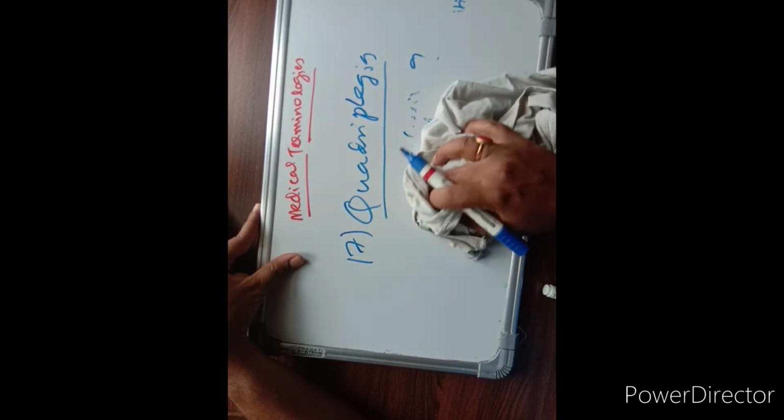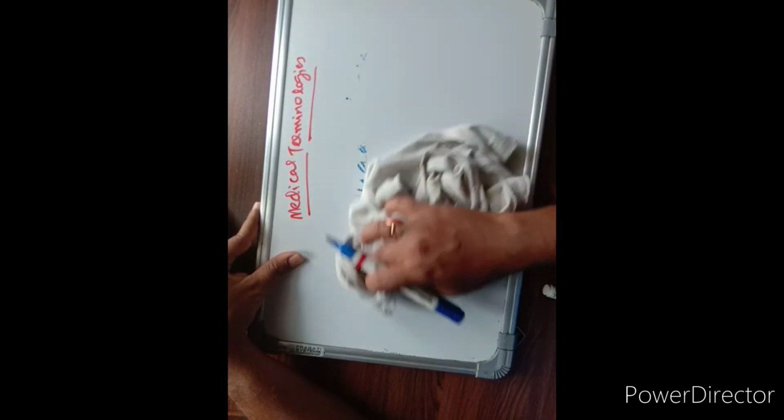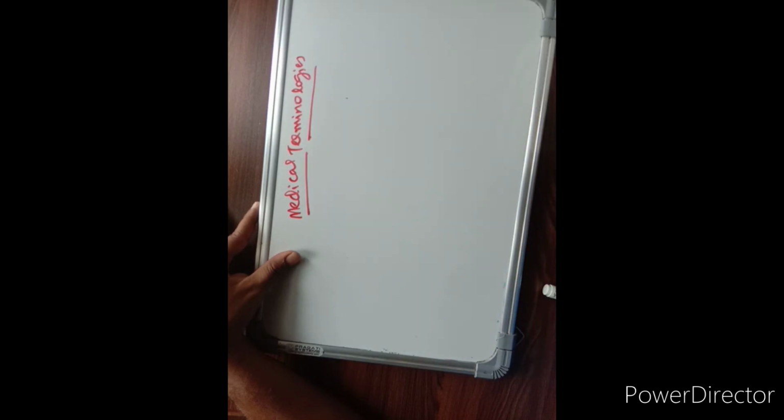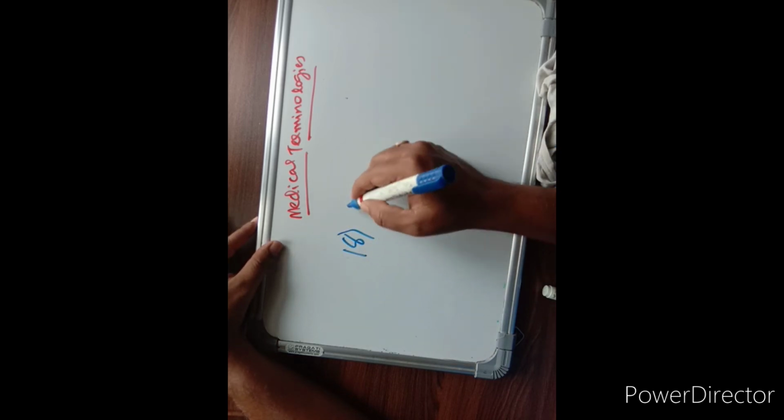This all happens in the case of stroke, hemorrhagic stroke and ischemic stroke. There are so many conditions which can lead to paralysis, quadriplegia. Next one is photophobia.